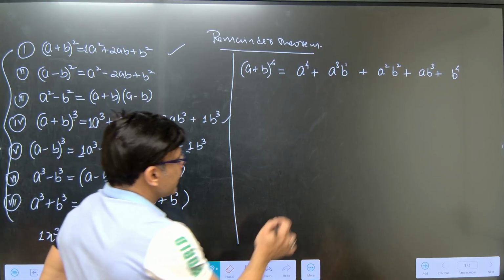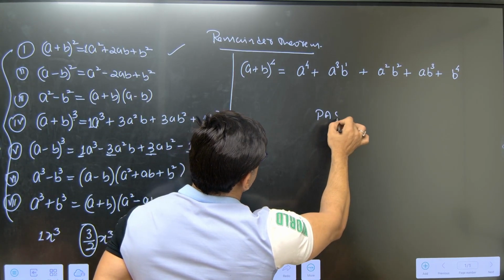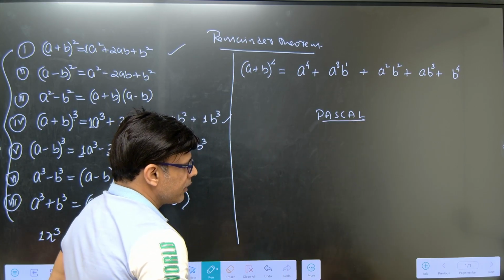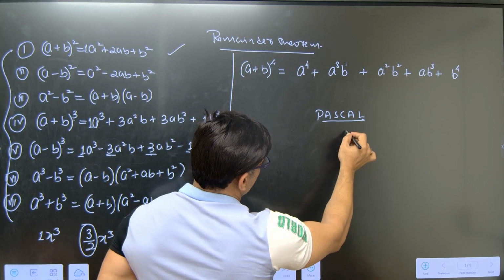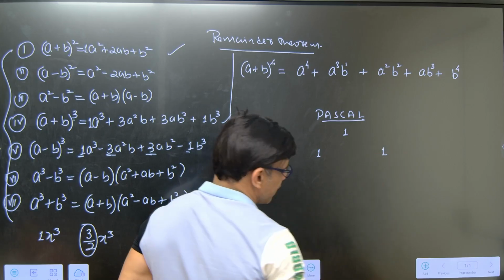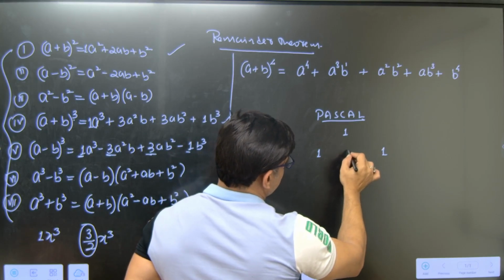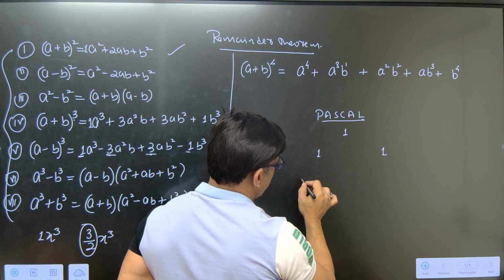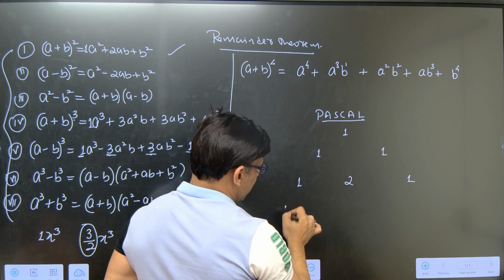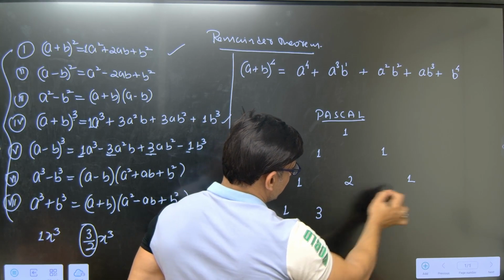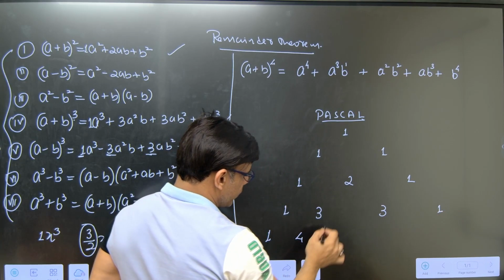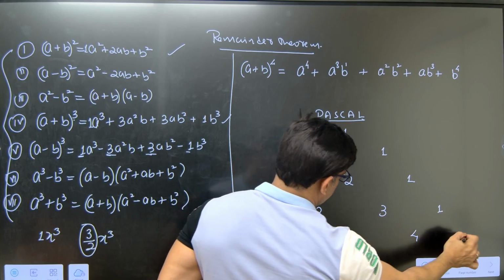So there is a guy called Pascal. He gave a triangle called Pascal's triangle. It was something like this. He wrote 1, then he wrote 1 and 1, then 1 2 1, where 2 is 1 plus 1, then 1 3 3 1.